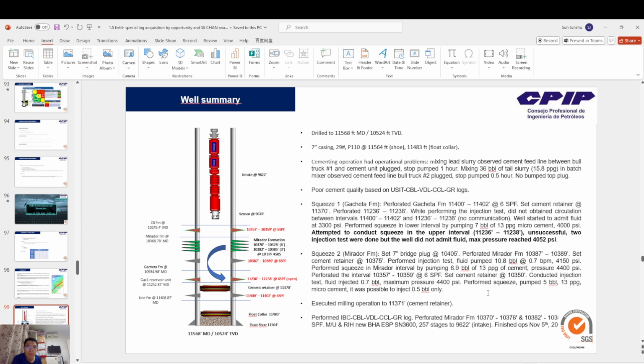Executed milling operation to the 11,371 cement retainer. Performed IBC, CBL, VDL, CCL, and Montgomery. Perforated Mirador Formation between 10,370 feet and 10,376 feet.